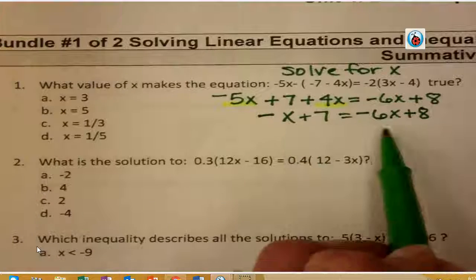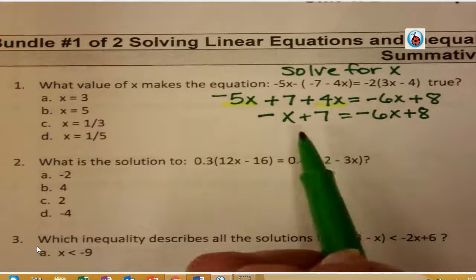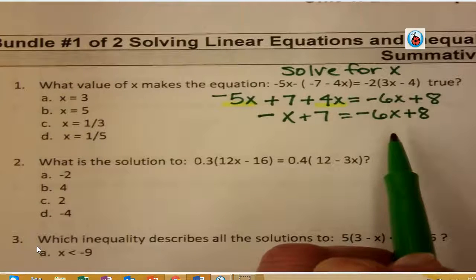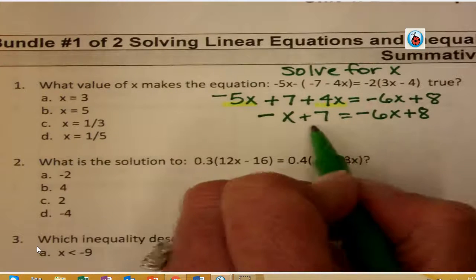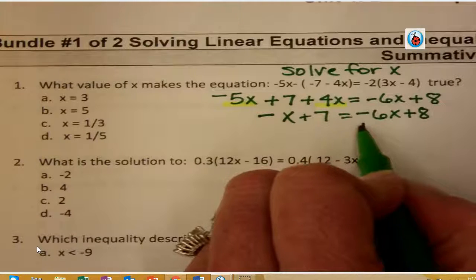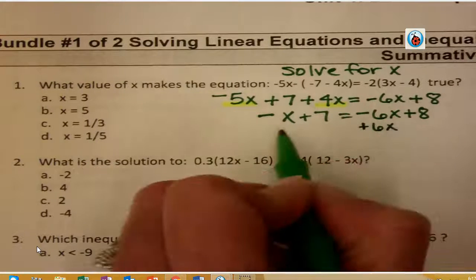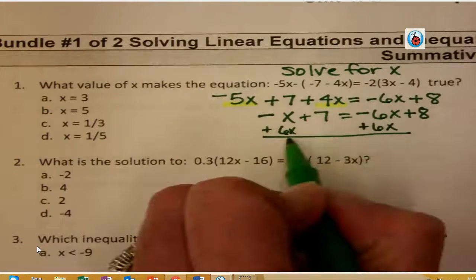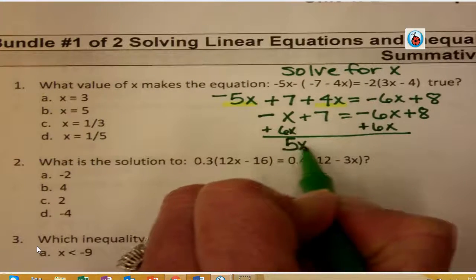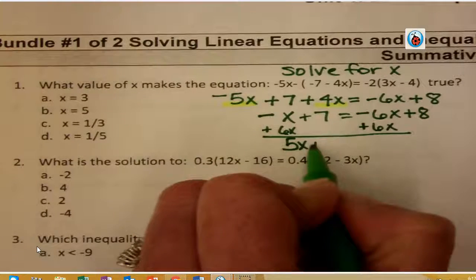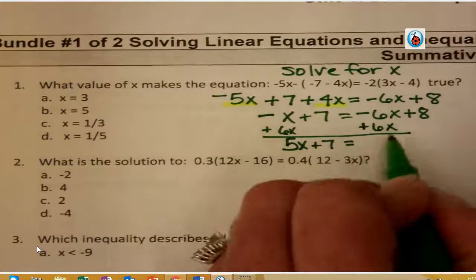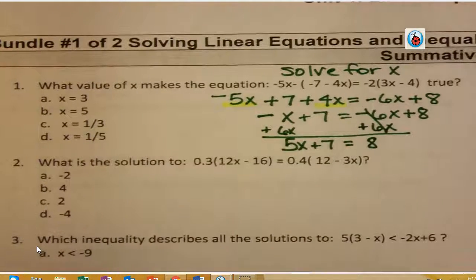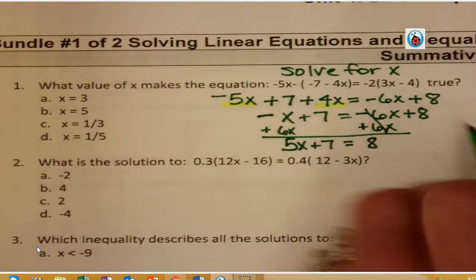Now, I have combined all my like terms, so I need to get my variables on one side of the equal sign, my numbers on the other side. So my first thing I'll do is add 6x to both sides. When I do that, I get a positive 5x plus 7 equals, this cancels out to 0, 8. I'm running out of room, so I'm going to come over here.